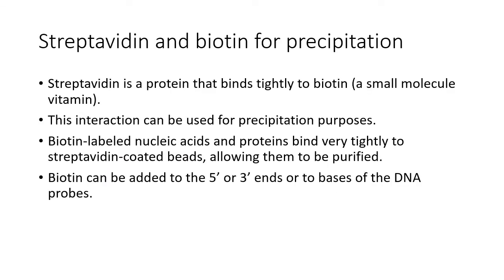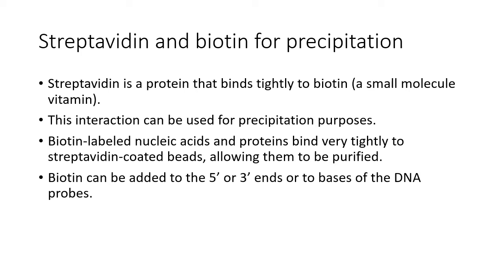Okay, so the streptavidin biotin trick is widely used. Streptavidin is a protein that binds extremely tightly to biotin, which is a small molecule. And this can be used for precipitation purposes because the interaction is so strong. So in this case, we can use biotin-labeled nucleic acids, or it could be biotin-labeled anything really, and proteins will bind very tightly to streptavidin-coated beads, allowing them to be purified.